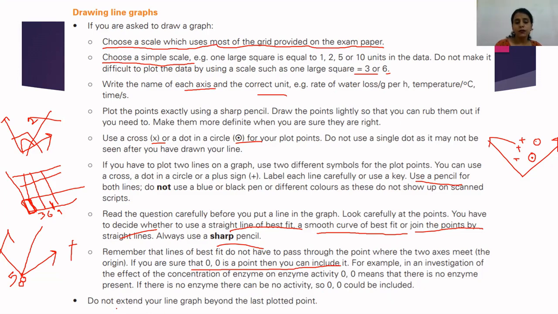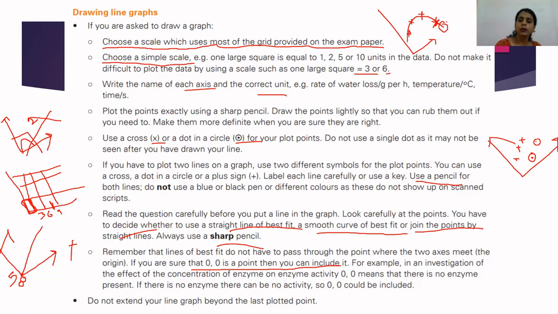The last very important point about plotting a graph is: do not extend your line beyond the last plotted point. For example, if these are the points and you are making a smooth curve joining the different plots, you should not cross your line beyond this particular point like I did.